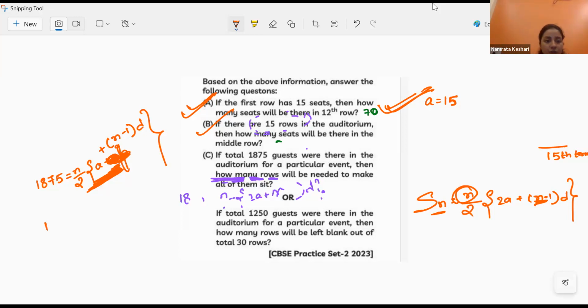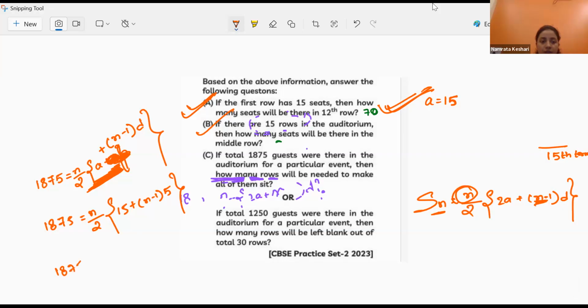Anyhow, we are getting a quadratic equation, but that must be solvable easily. Here our quadratic equation is becoming very difficult: 15 plus n minus 1 into 5. So far any confusion, Ritvika? No, ma'am.